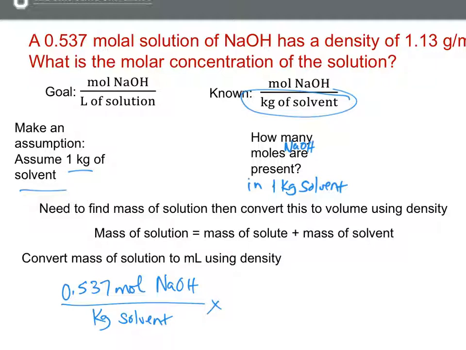And we're assuming that we have 1 kilogram of solvent, which means in that solution we would have 0.537 moles of sodium hydroxide.